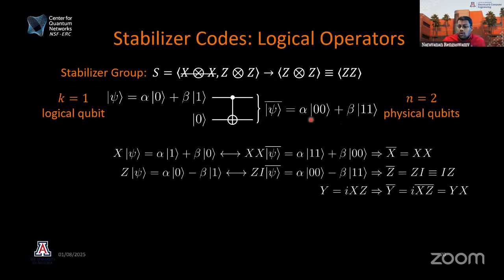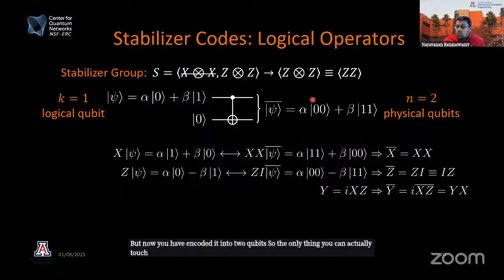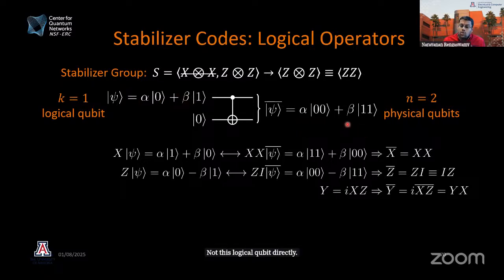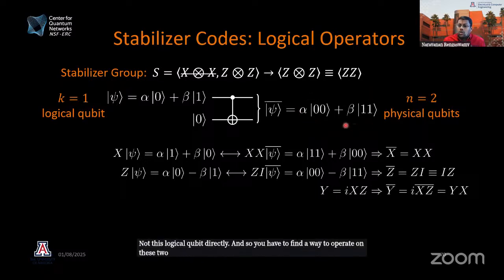Now, once you have encoded the state, we saw that you need to manipulate this logical information. But now you have encoded it into two qubits. So the only thing you can actually touch in the lab are these two qubits, not this logical qubit directly. And so you have to find a way to operate on these two qubits so that you do some computation on the logical qubit.